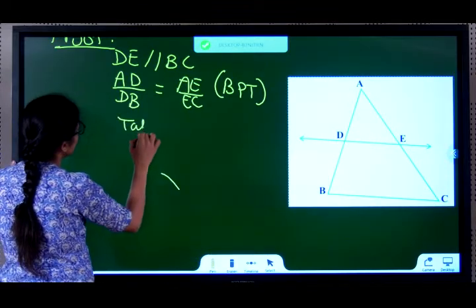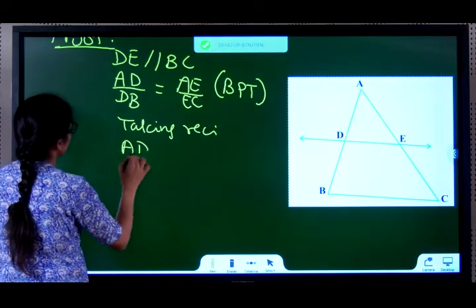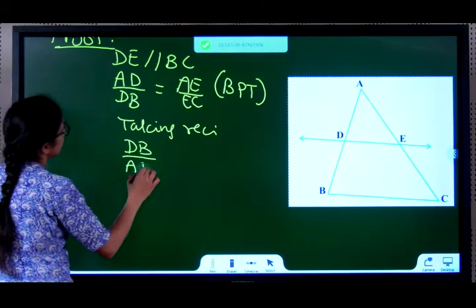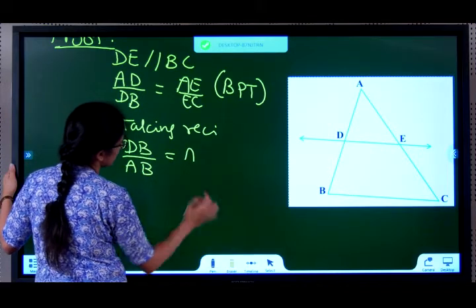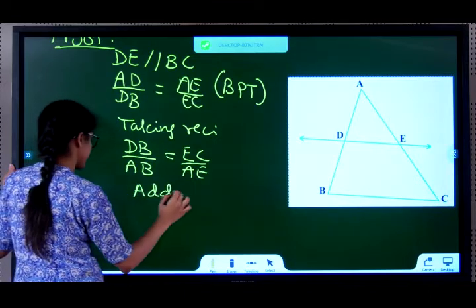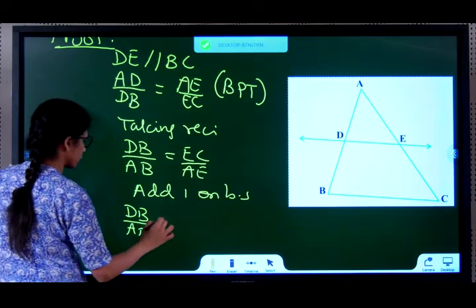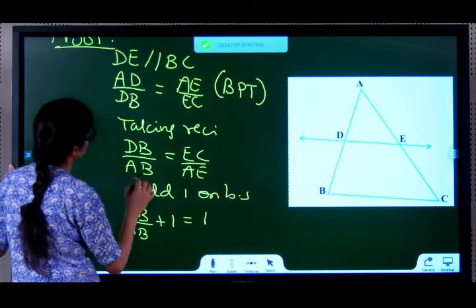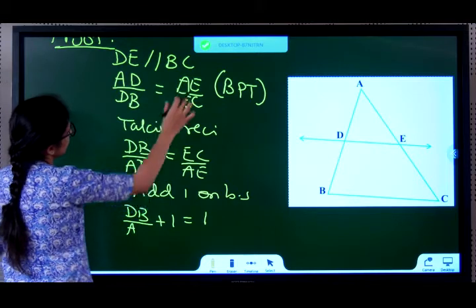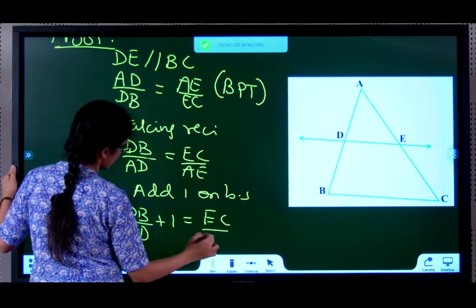So taking reciprocal, you get DB by AD is equal to EC by AE. Adding 1 on both sides, DB by AD plus 1 is equal to EC by AE plus 1.